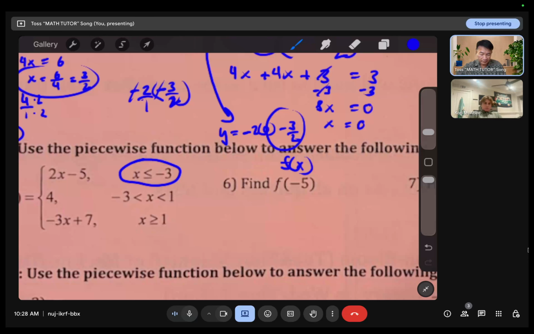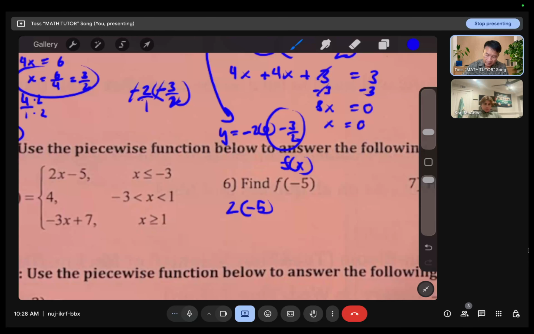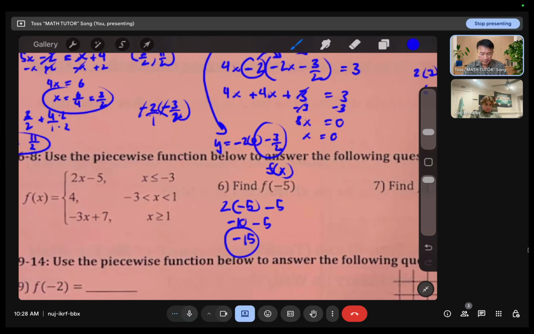Is that right? Yeah, negative 5 is over there with negative 3 and the arrow. So that means you'll plug it in right here. I hope you're okay. So here's the math that you do. Negative 5 minus 5. So number 6. So it's negative 10 minus 5. So the answer is negative 15 for 6. Okay. And then 7.